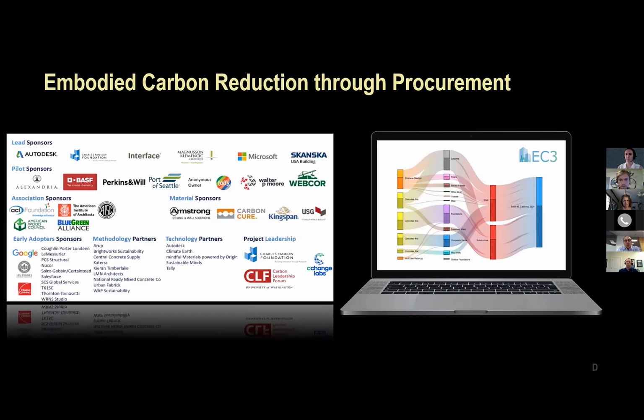The effort to create EC3 started at the Carbon Leadership Forum, and it was a collective action effort that included more than 50 different partners in the AEC industry. So it's creating an ecosystem to make this whole conversation a little bit easier.